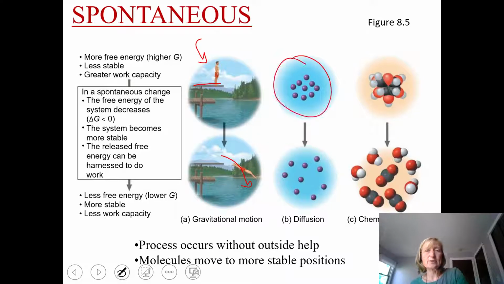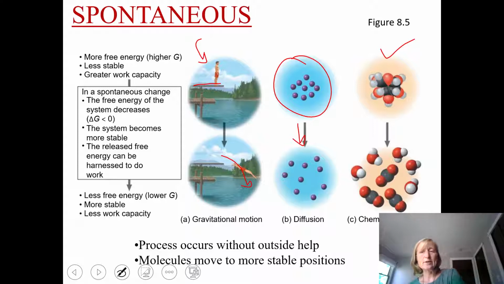Diffusion is another example of the movement of molecules, the spreading out of molecules, the movement from a high energy to a lower energy position, a less stable to a more stable position. Chemicals also, because of their structure, have potential energy or free energy.